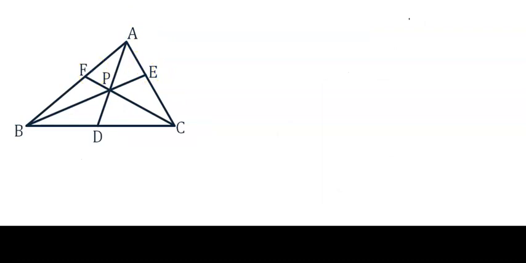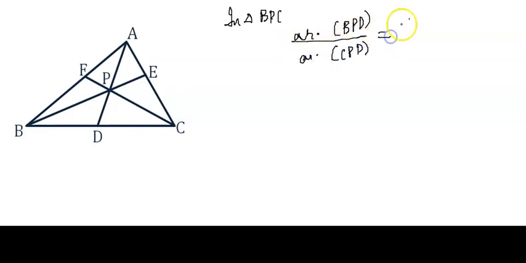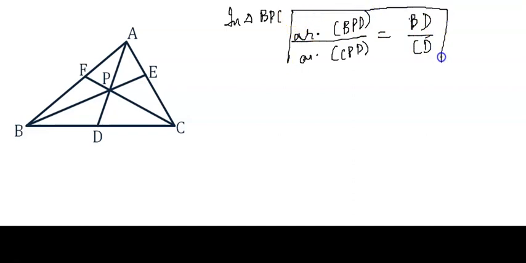Okay, let's see this. In triangle BPC, the area of BPD upon the area of CPD will be equal to the ratio of BD and CD, because we have done in our previous session that if two triangles have the same altitude, then the ratio of their areas will be equal to the ratio of their bases.